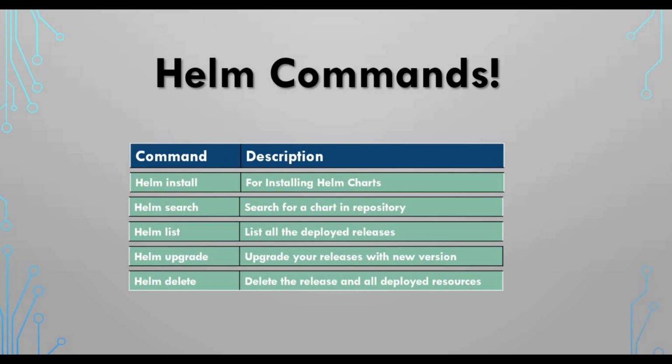We will see all these commands practically on your Kubernetes cluster: you install your Helm chart and create a release, see the different versions released, list all the releases, upgrade the release, and delete the whole release.